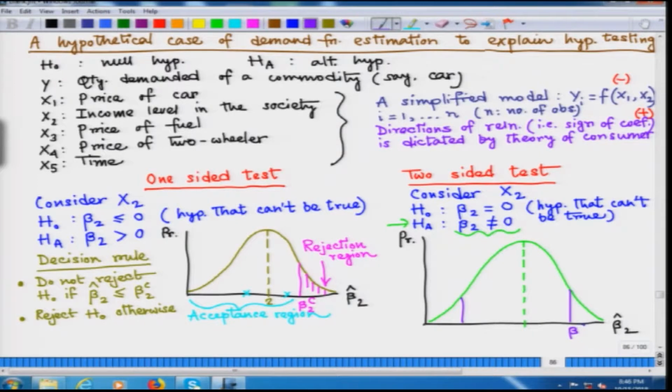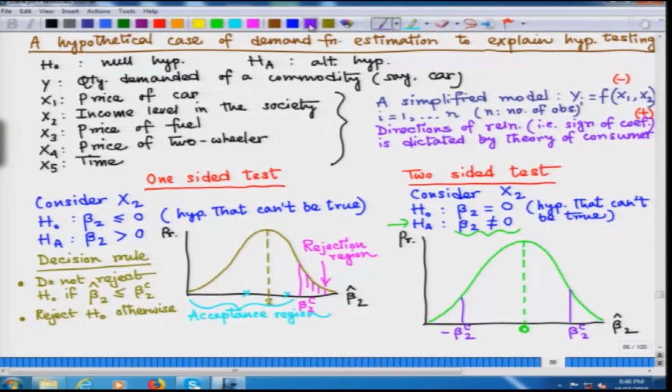beta C 2 and this should be minus beta C 2, just the mirror image, if we assume that we have 0 here as the mean.